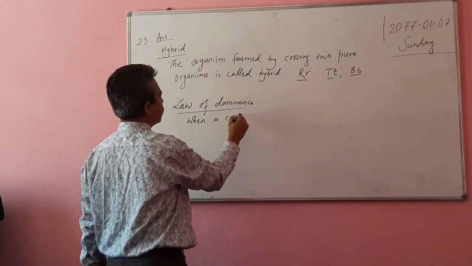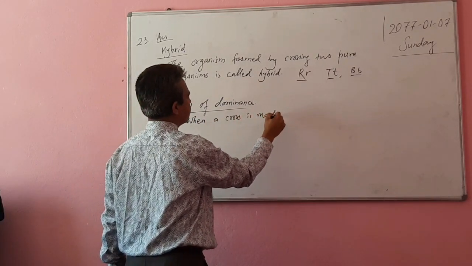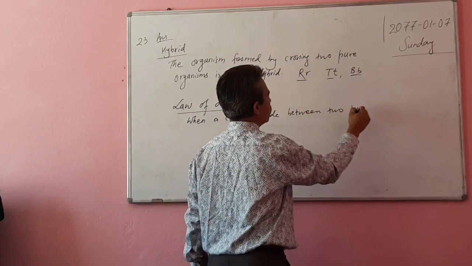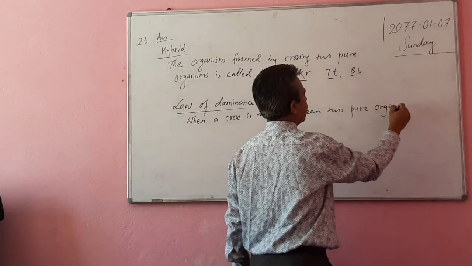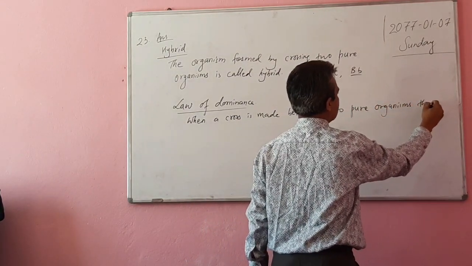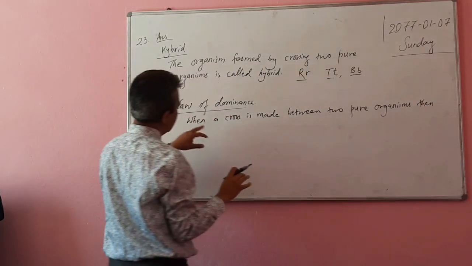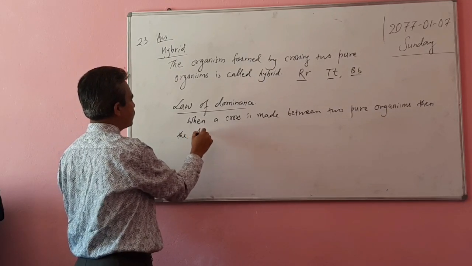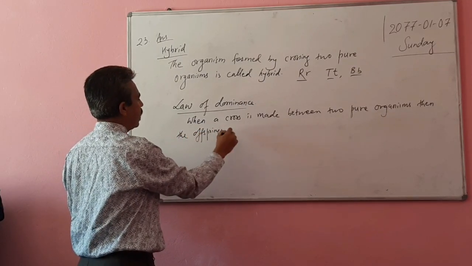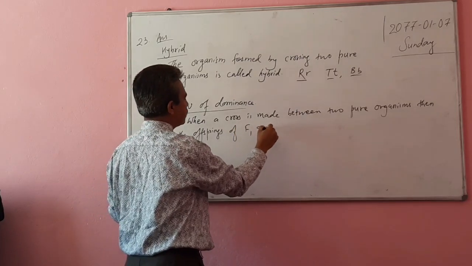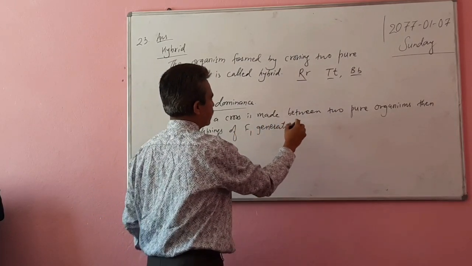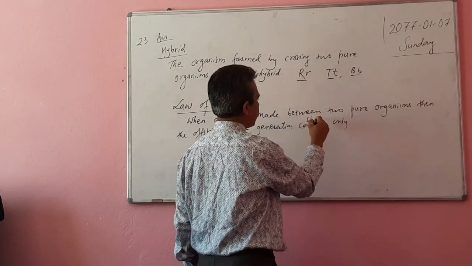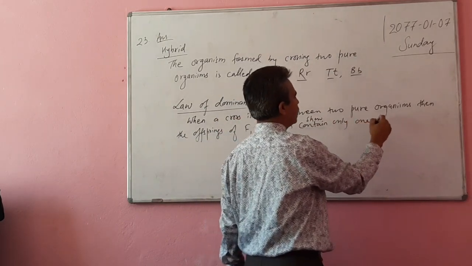When a cross is made between two pure organisms, law of dominance states that when a cross is made between two pure organisms, then the offsprings of F1 generation contain or show only one character.